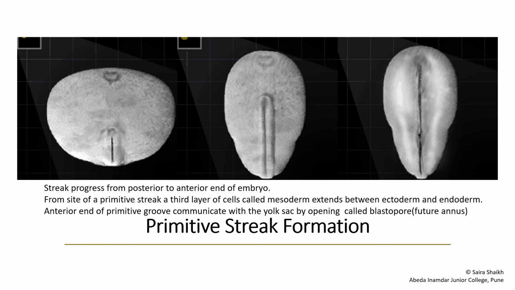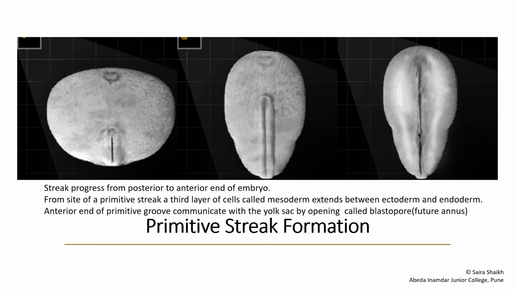This groove slowly increases its length. As cells are added in this groove, it increases its length and appears like a streak. The base of the streak is the posterior end of the embryo, and the anterior growing point of the streak is the anterior end of the embryo.